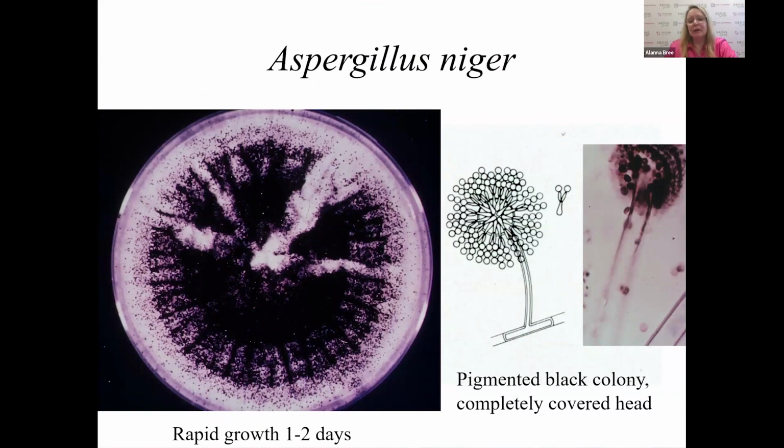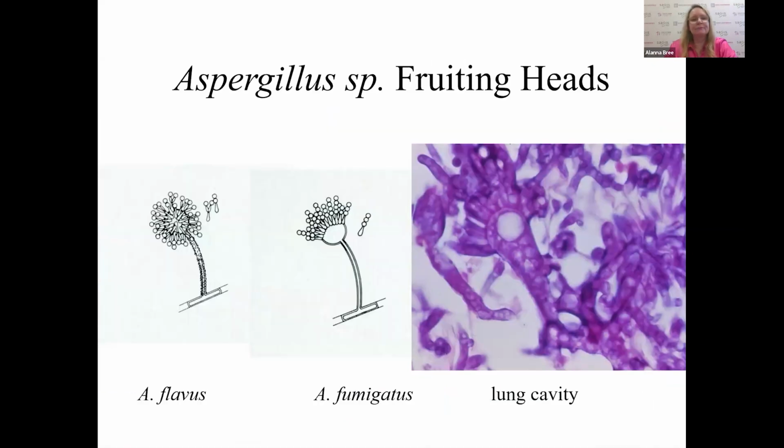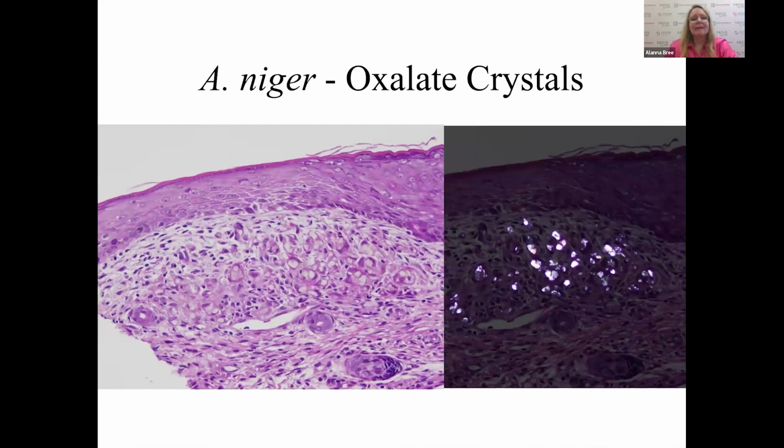It's a pigmented black colony, and it has a completely covered head here, as you can see in the illustration and also the photomicrograph. And you can see the fruiting heads as well, which you can see in the lung cavity in disseminated disease. You'll also see a nodule produce oxalate crystals.